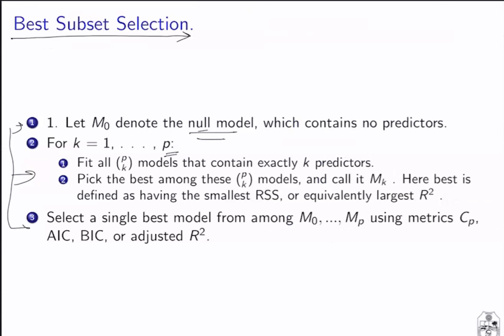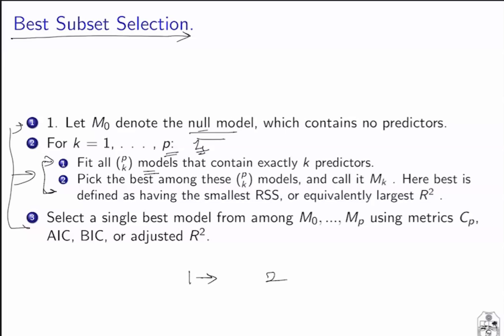In our case this p is 4. Now this iterative loop has two substeps. In the first substep, in the first iteration, you are going to generate all the models containing only one input variable.